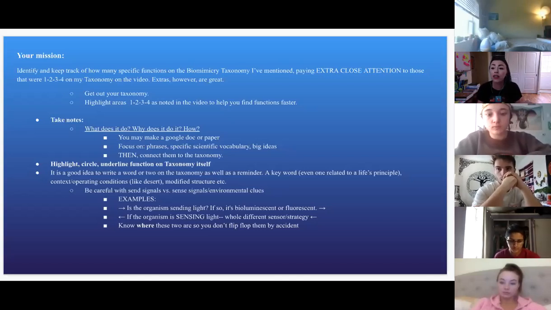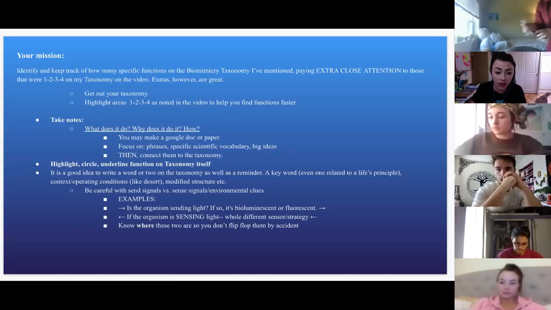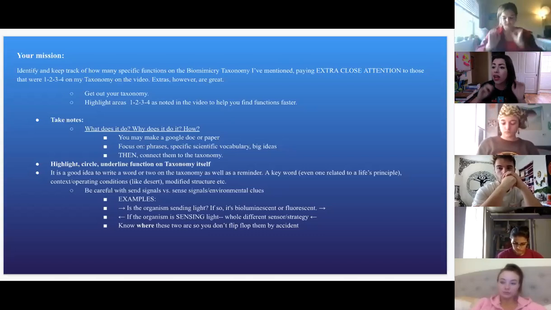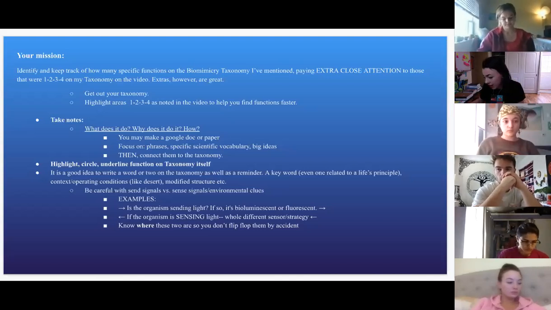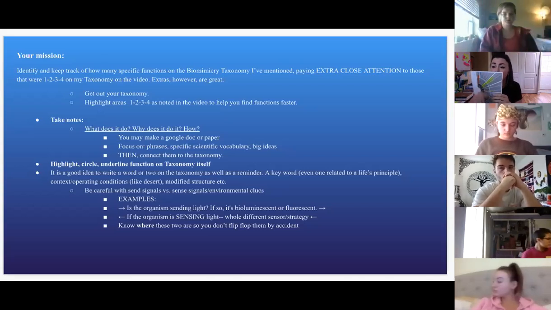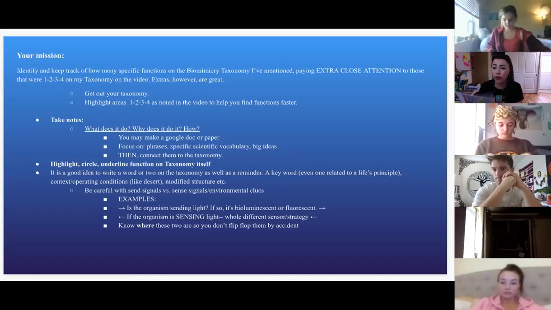And when I do my final project, I should definitely look at that one and incorporate that into my design. So highlight, circle, underline, mark all over that thing, annotate that thing. When I was doing a second version of mine, I also just wrote little words on here to remind myself what they were doing, to sort of talk back and forth between my notes and the taxonomy.